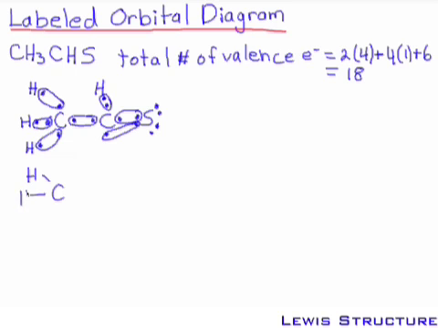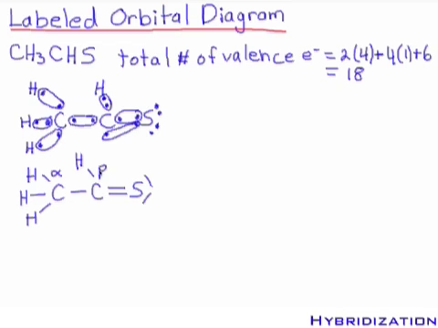So I can do this. And once I'm done drawing my Lewis structure, I should be able to figure out the hybrid orbital number. So it looks like there is a double bond to sulfur and 2 lone pairs. So now I can label these carbon alpha, carbon beta.